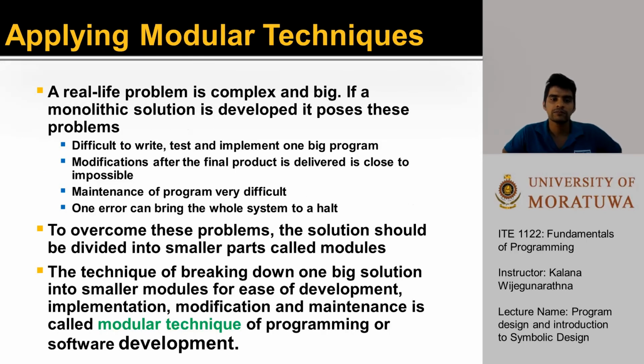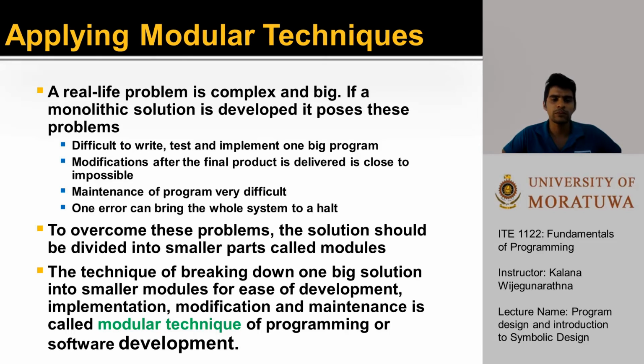A real-life problem is complex and huge. If a monolithic solution is developed, it poses these problems: the difficulty to write, test, and implement one huge solution, and the modifications after the final product is delivered are close to impossible. Maintenance of the program becomes very difficult, and one error can bring the whole system to a halt.